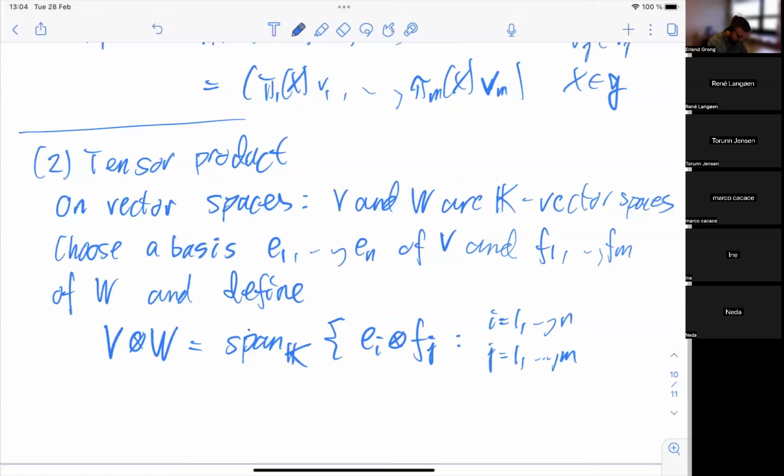Okay, I probably shouldn't use i here, since i can be the imaginary unit, so Ek, k from 1 to n. So we just make these elements symbolically, and then we define a vector space that is the linear span of these elements.